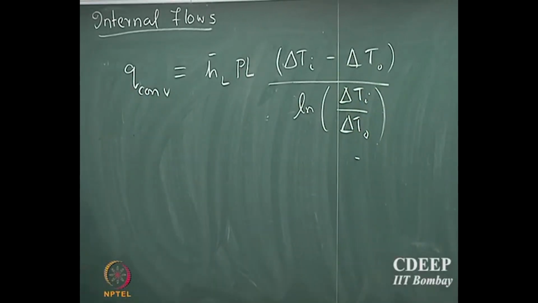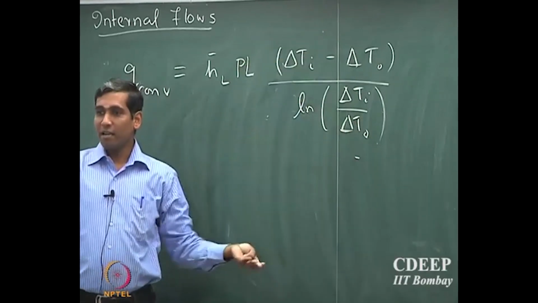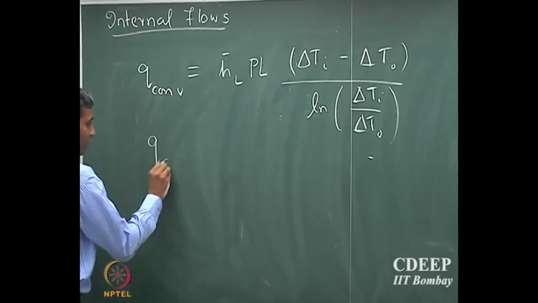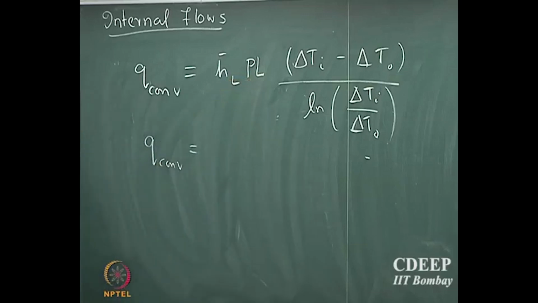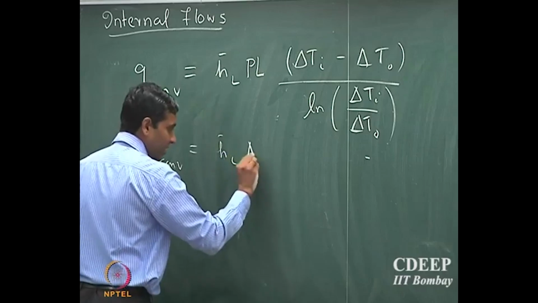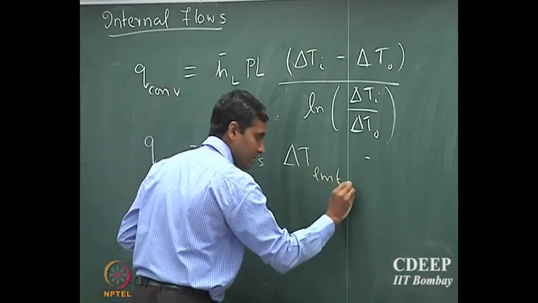Okay. What is this expression? This is the log mean temperature difference. Okay. So Q convection, what is P into L? It's the curved surface area, right? So it's H bar L into the curved surface area into delta T LMTD.